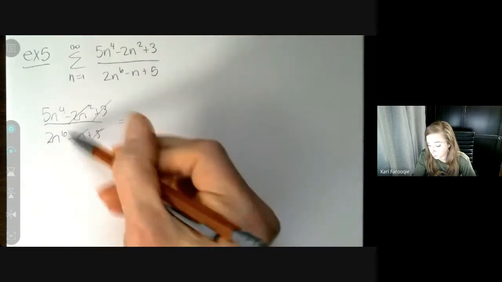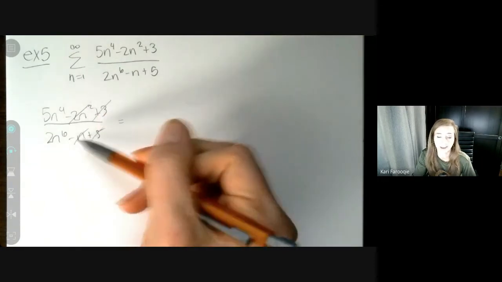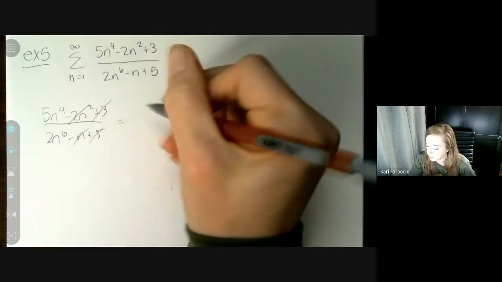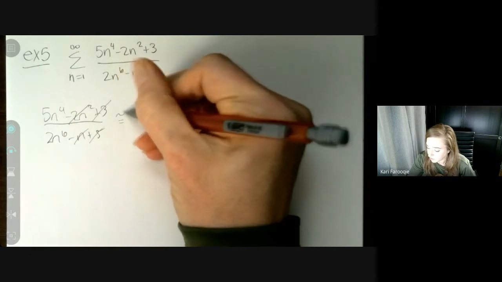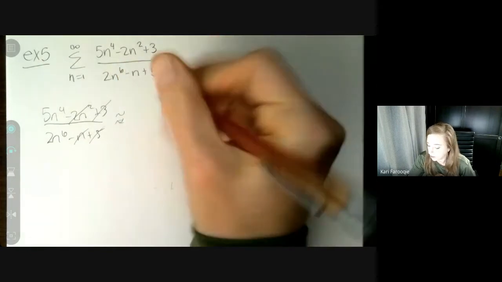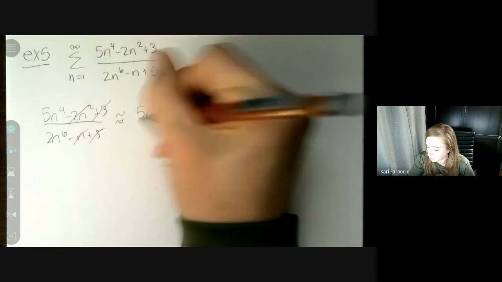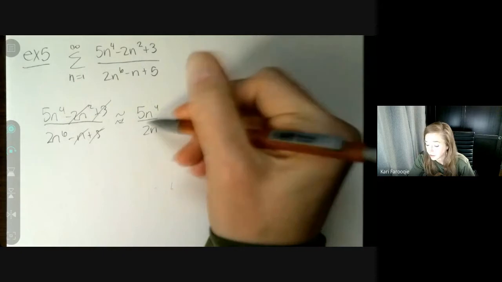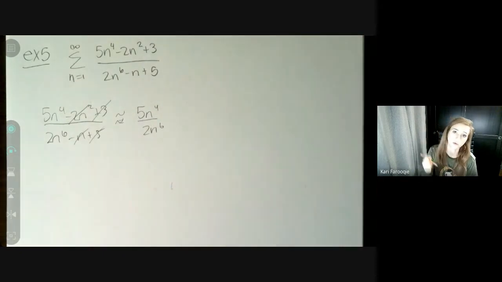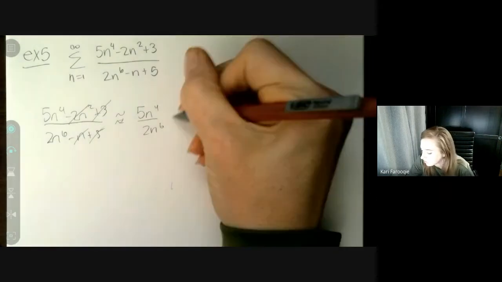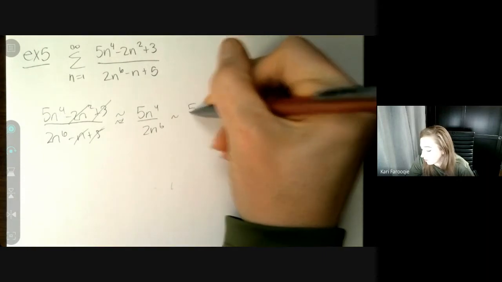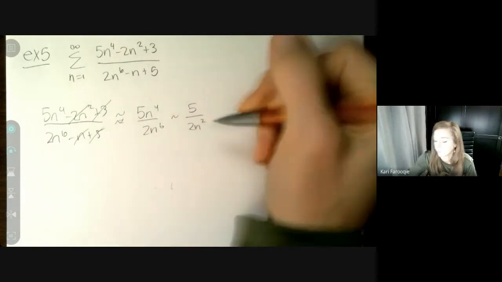Same thing in the denominator. The growth is really being affected by 2n to the 6th, and the n is not really affecting things. So you're going to say that this is not the same as, but it's kind of like 5n to the 4th over 2n to the 6th. And then you start canceling some n's. Once you have this broken down into just one term over another term, you can start canceling stuff out, and this just looks like 5 over 2n squared.